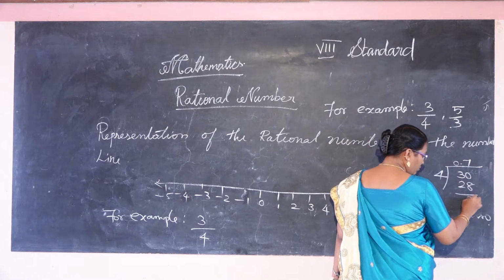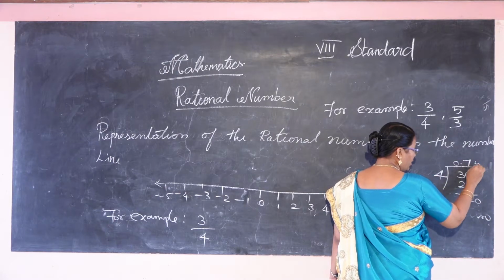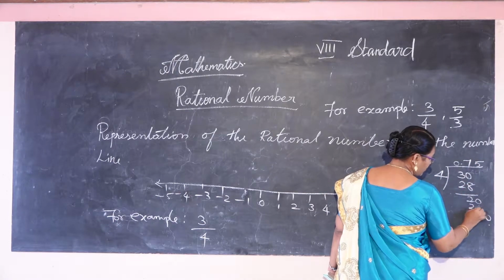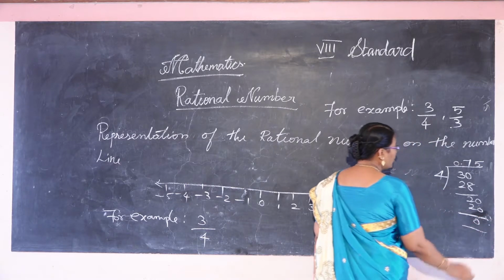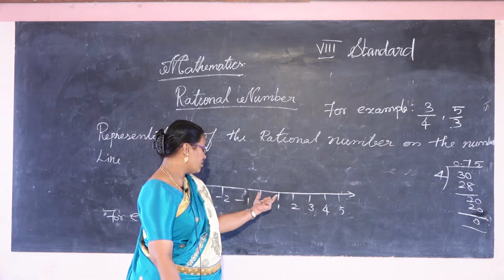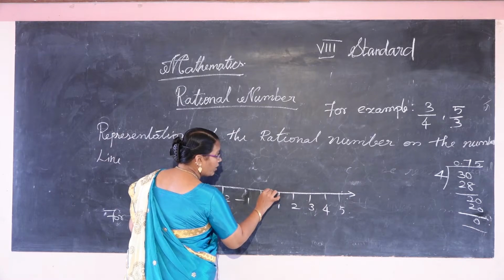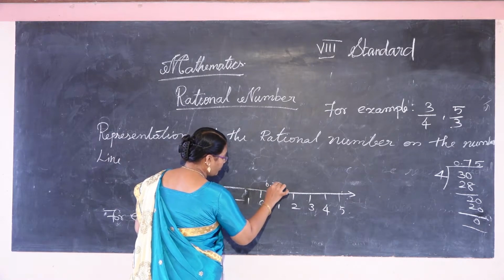So, remaining 2, next add a 0 here, and how many times? 4 5s are 20. So, the remainder will be 0. So, the value is 0.75. So, represent it on the line as a point here at 0.75.